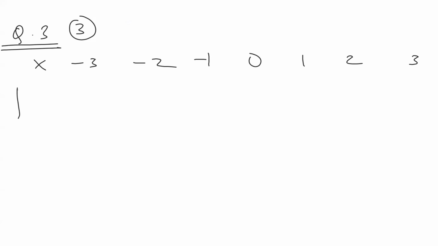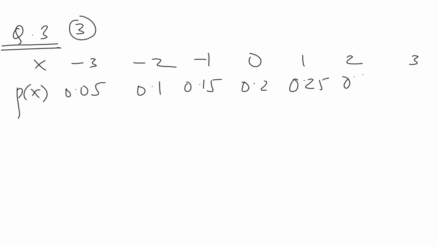P of X is 0.05, 0.1, 0.15, 0.20, which I'm writing as 0.2. 20 and 2 is one and the same thing after the decimal point. 0.25, 0.15 and 0.1, sorry.